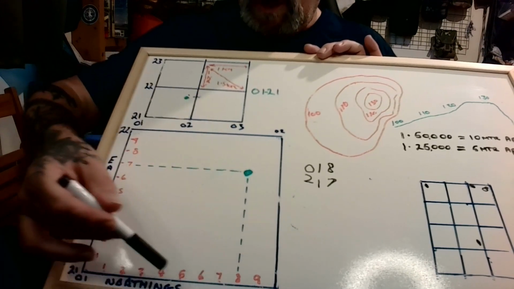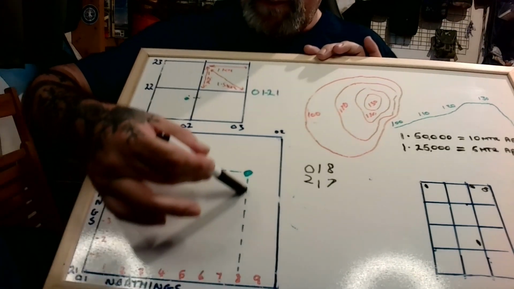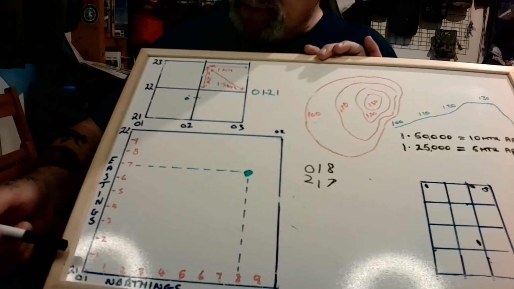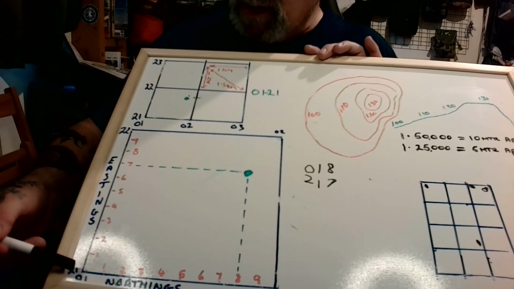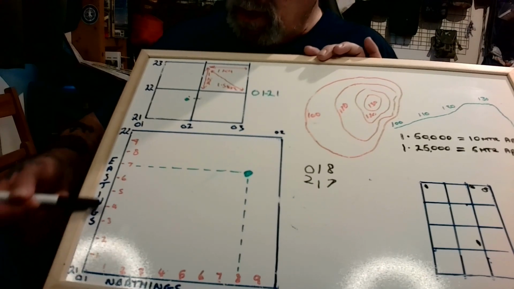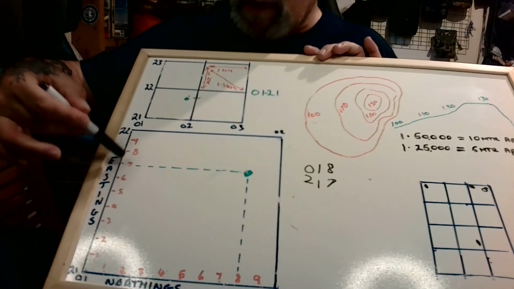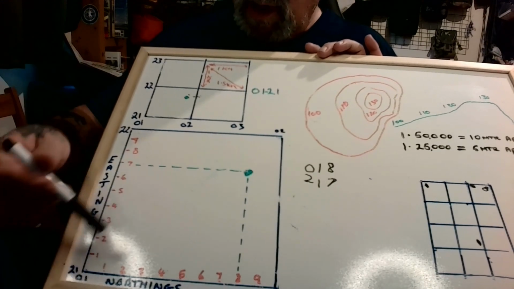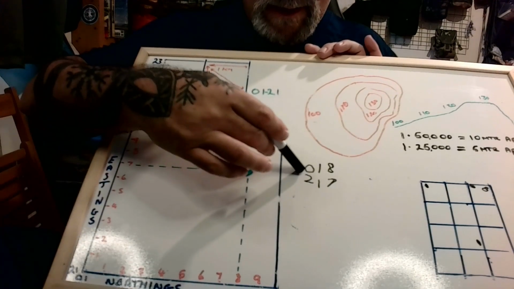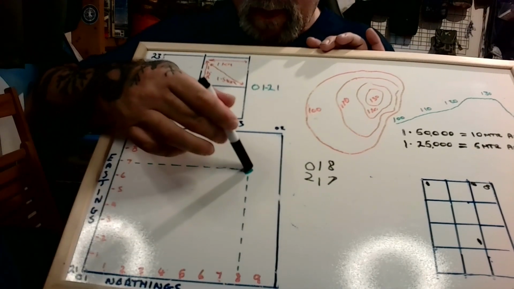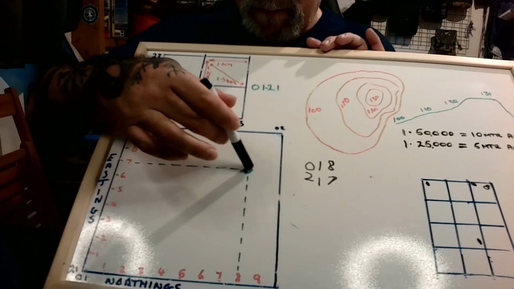So all the way across, it's about 8. You then come to your northings, and you're going to come 2, 1, come up, draw a line across. It's about 7. Okay, 6-figure grid reference: 018217, and that will give you your position there.